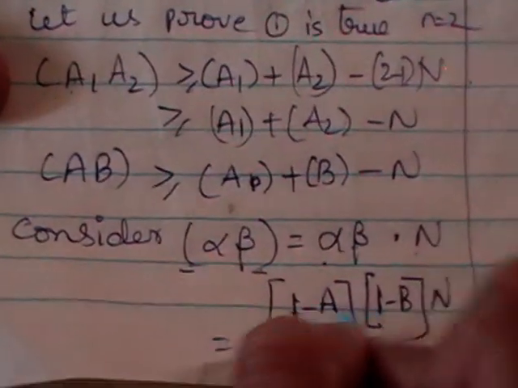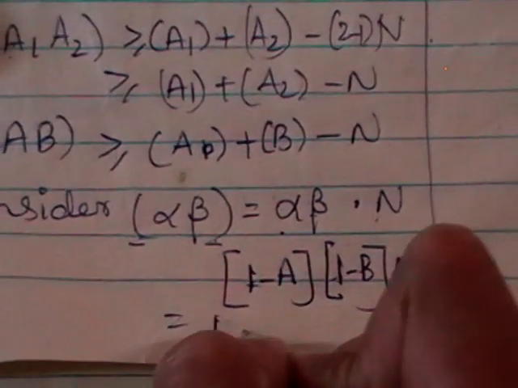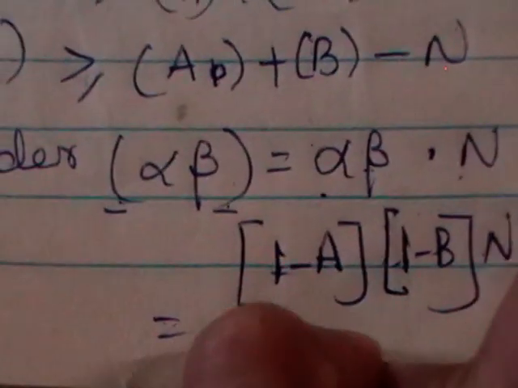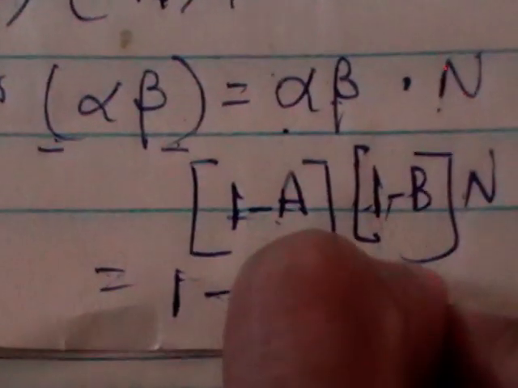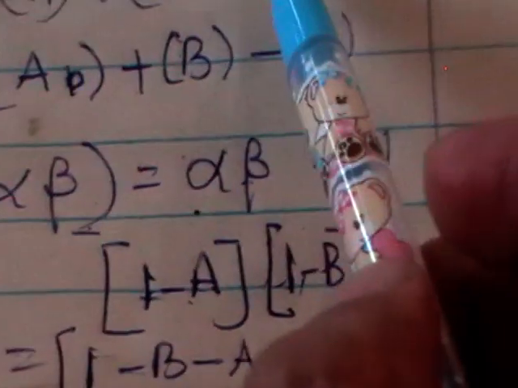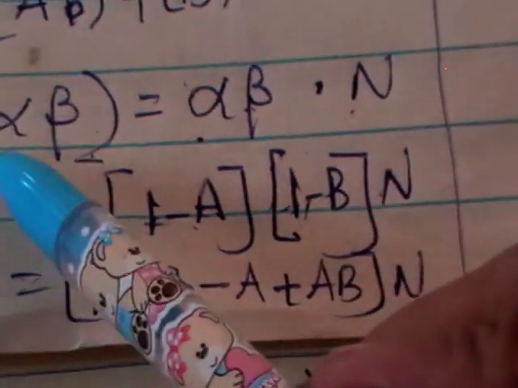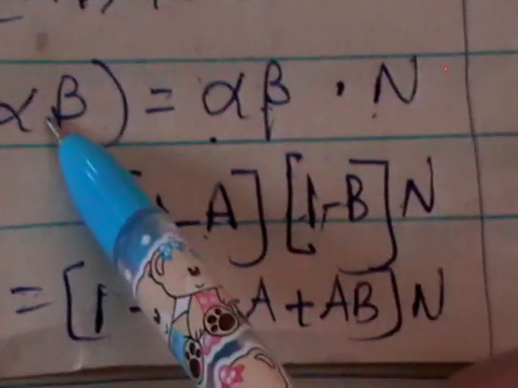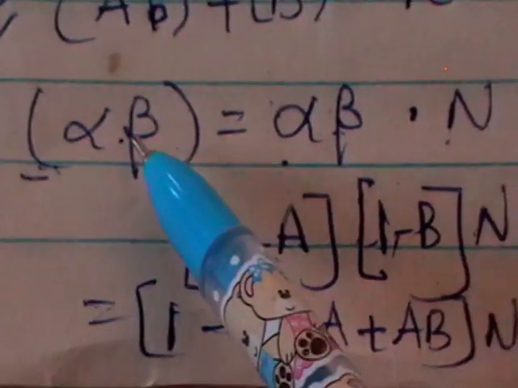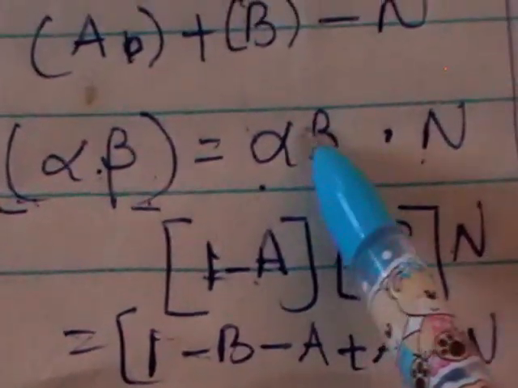So this is nothing but you multiply 1 into 1, into minus b, minus a into 1, minus a, minus into minus plus ab into n. Means to prove the given statement at n is equal to 2, we have considered alpha beta, bracket alpha beta, which is nothing but the frequency of alpha beta, into class into n.